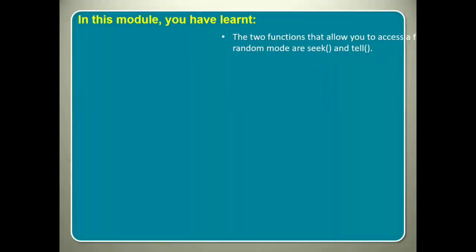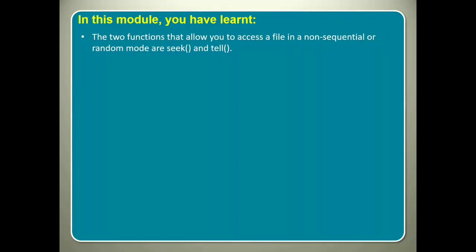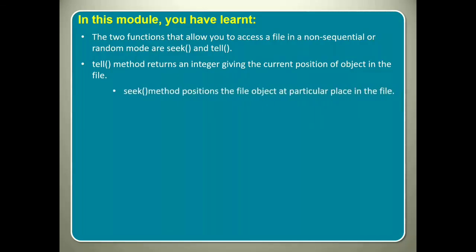The two functions that allow you to access a file in a non-sequential or random mode are seek and tell. The tell method returns an integer giving the current position of the object in the file. The seek method positions the file object at a particular place in the file.